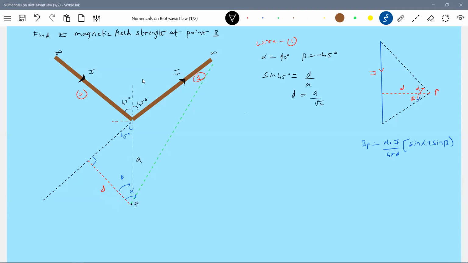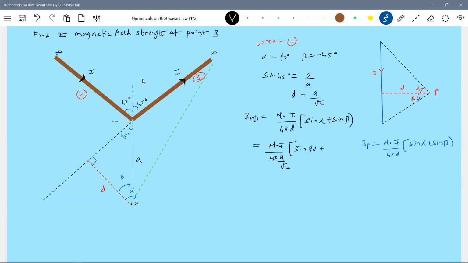Okay, let's write down the formula. Magnetic field strength at point P due to wire 1 should be equal to mu naught I by 4 pi d times sine alpha plus sine beta. Everyone, please put effort into understanding. One problem is enough, you can manage most of the numericals.